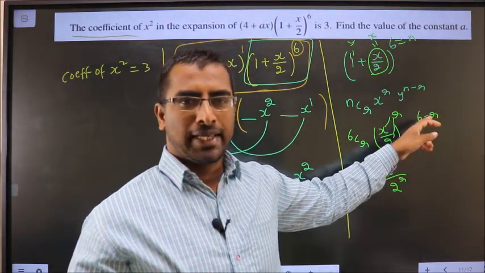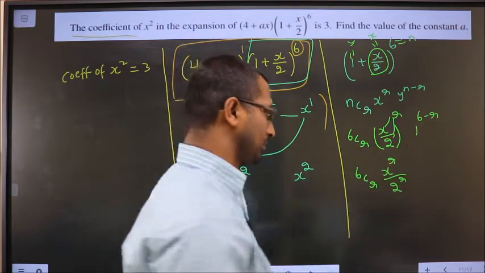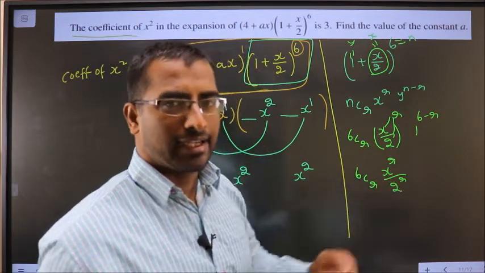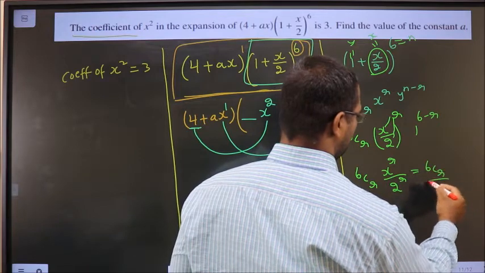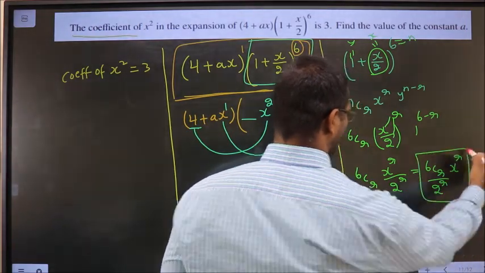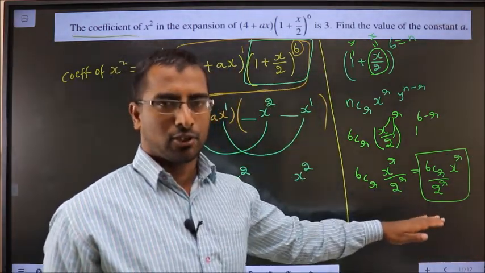So it does not make any difference whether you write 1 or not. So I am not writing. So now, write x at the end. So that will be 6Cr by 2 power r x power r. This cannot be simplified further, so I stop there.